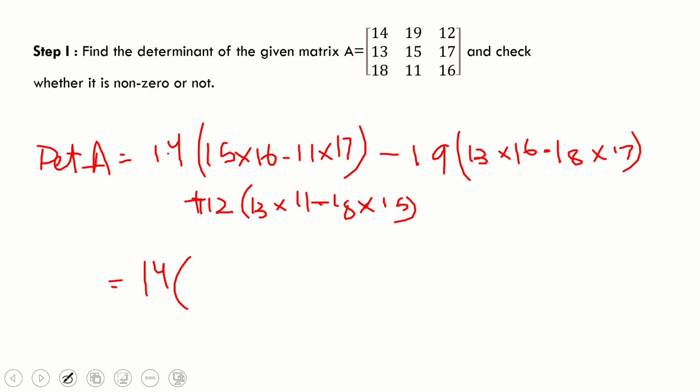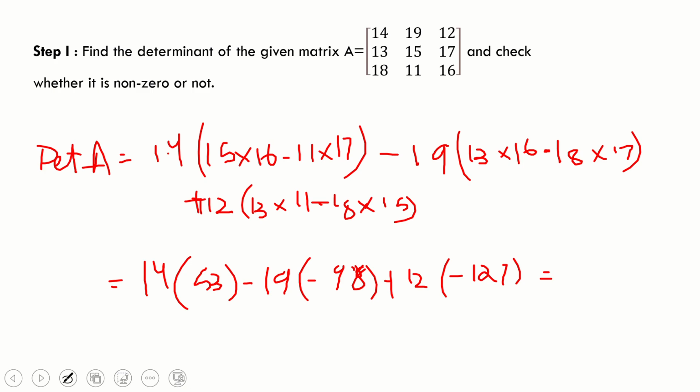If you multiply the first bracket associated with 14, you will get 53, and minus 19 times the second bracket associated with 13, you will get minus 98, plus 12 times the third bracket associated with 12, which will give you minus 127, and the final answer is coming out to be... just a minute, students, I'm finding the answer.